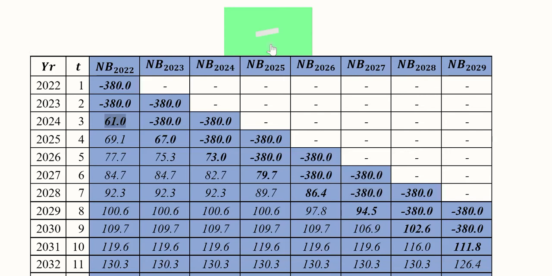Then the first positive net benefit occurs, which is 61 in this case, 67 in that case, and 73, 79, and so on. So you see that it is increasing as we are delaying the project. The first positive net benefit is increasing.